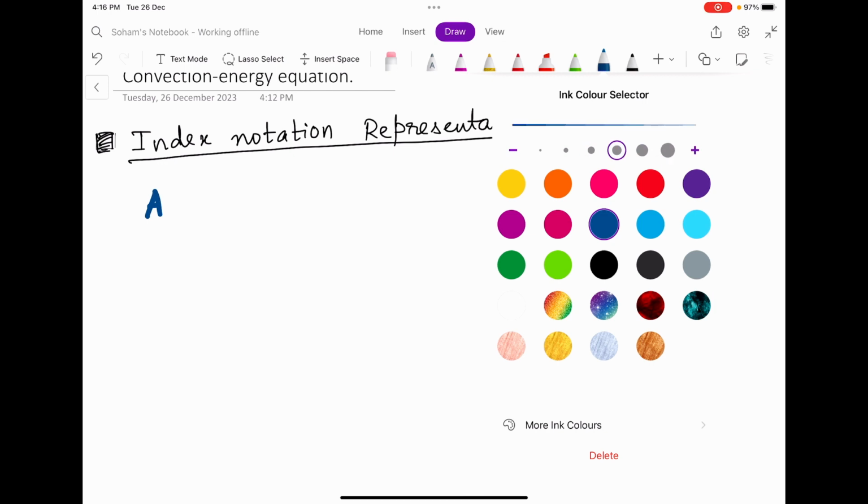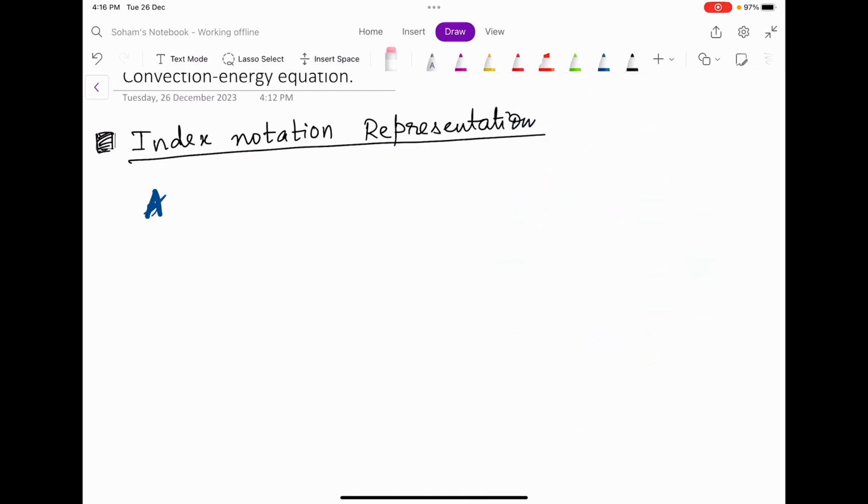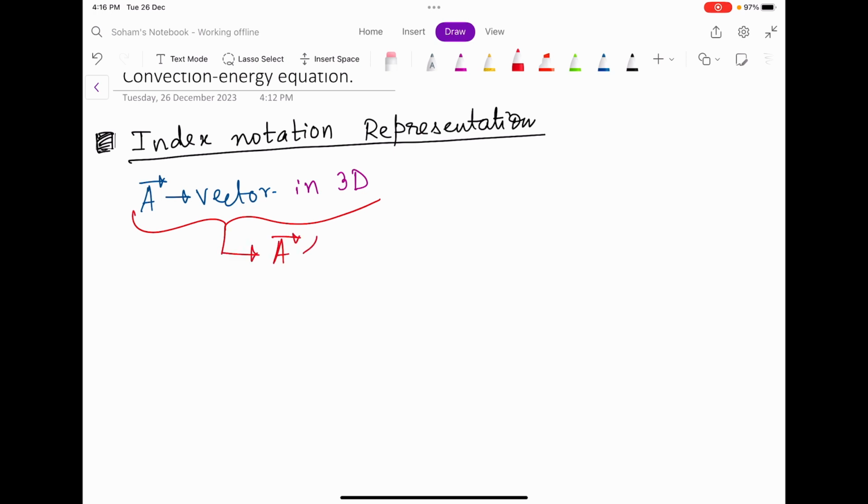So if capital A is a vector in 3D, that directly means that A has three components.